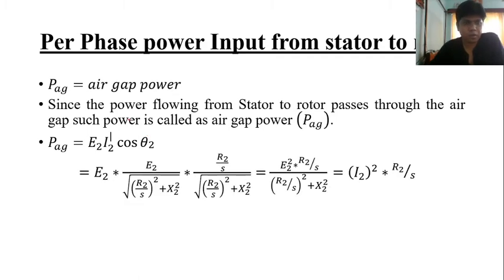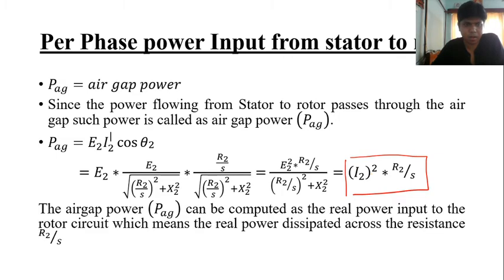Now when we put the value of the rotor current in running conditions and power factor, then air gap power becomes I2 square into R2 by S. Now the air gap power can be computed as the real power input to the rotor circuit, which means the real power dissipated across the resistance R2 by S. Whatever the power is dissipated across the resistance R2 by S, that is also called the air gap power.